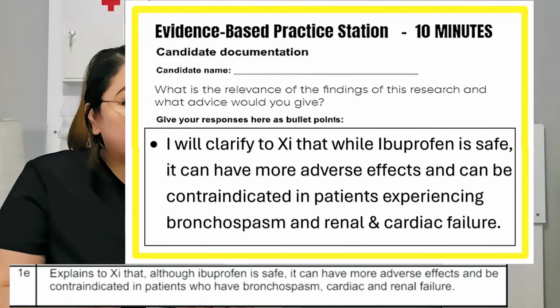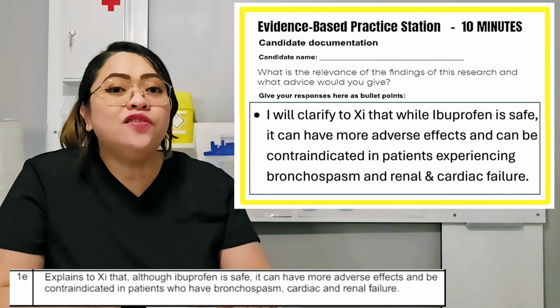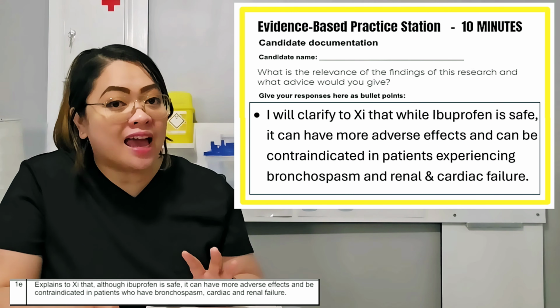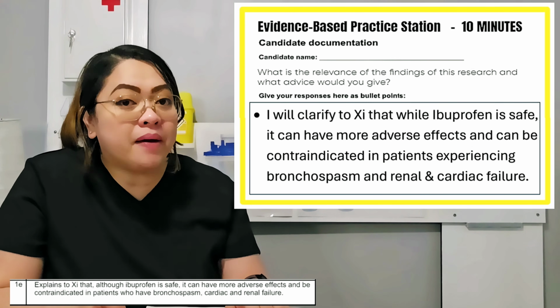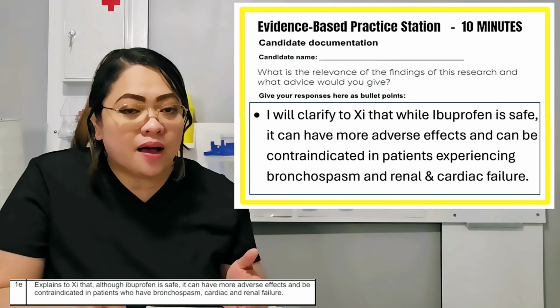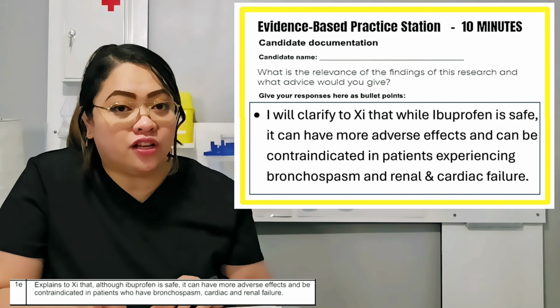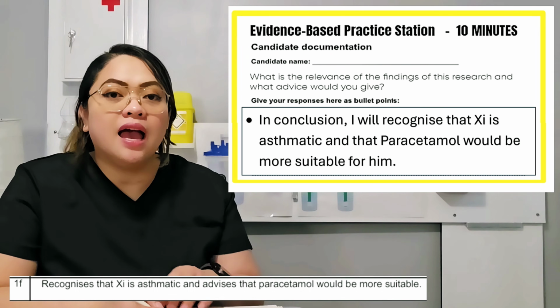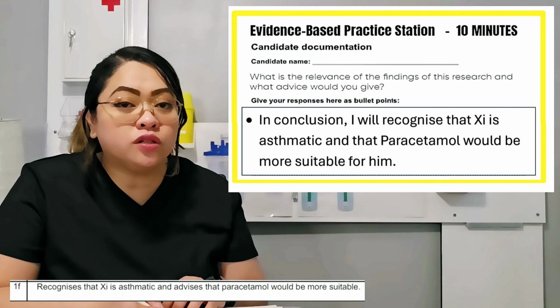And then I will explain to Mr. She that even though ibuprofen is safe, it can have more adverse effects and can be contraindicated in patients with bronchospasm and renal and cardiac failure. In conclusion, I will recognize that Mr. She is asthmatic and that paracetamol will be suitable for him.